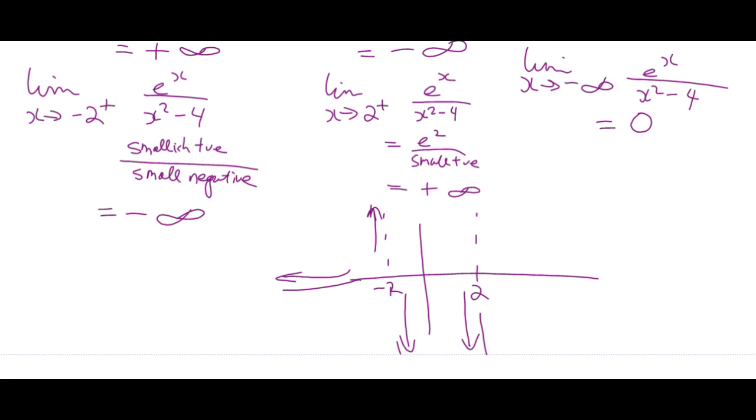Something's going on in here, we don't know what, likely peaking somewhere. And here it's coming from there and then going off to infinity. So no horizontal asymptote here, just behavior.